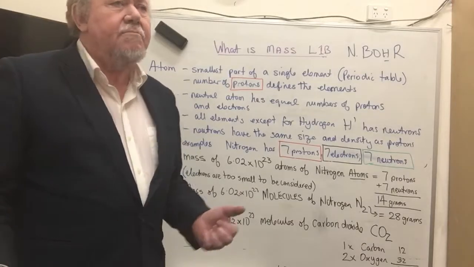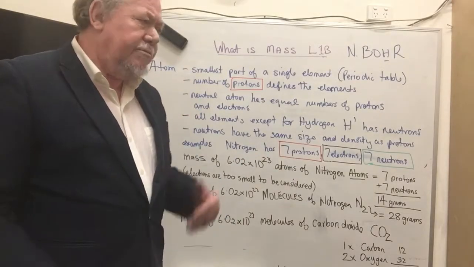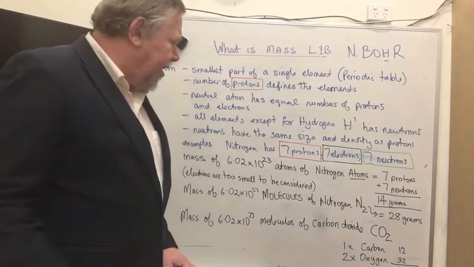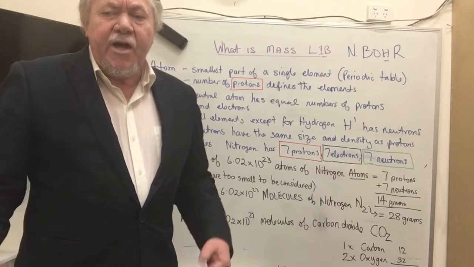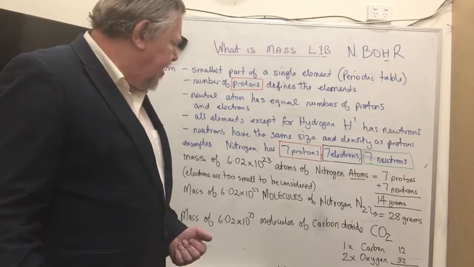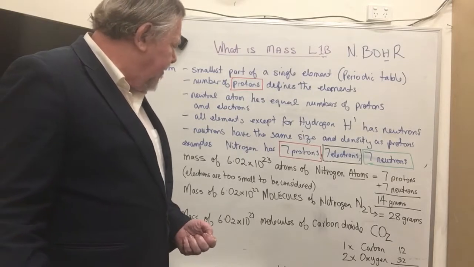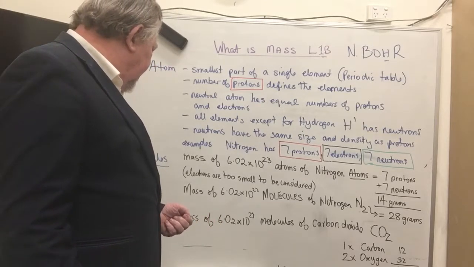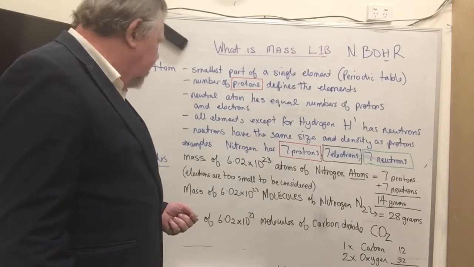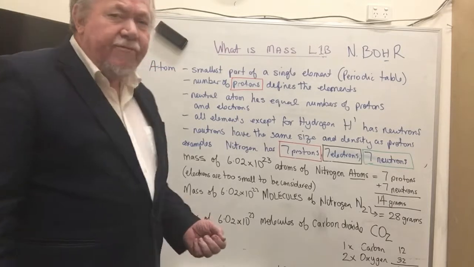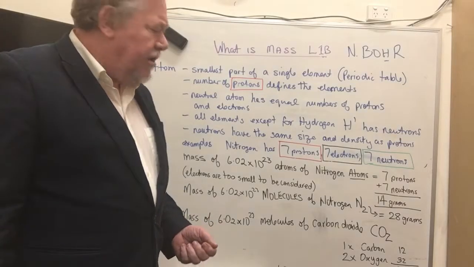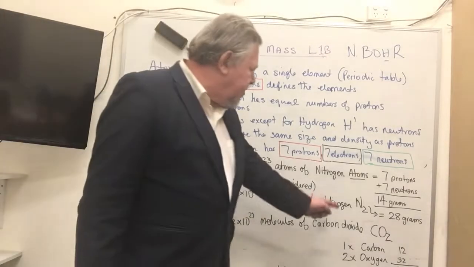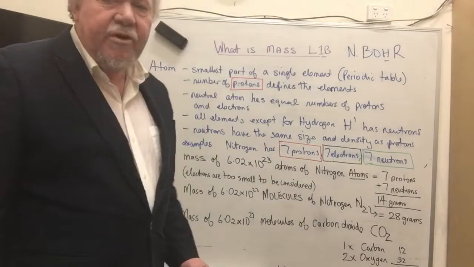To give you an idea, in normal temperature and pressure, so at about 20 degrees Celsius and at sea level, 101.3 kilopascals, you'd have about 24.4 litres of this carbon dioxide adding up to 44 grams.